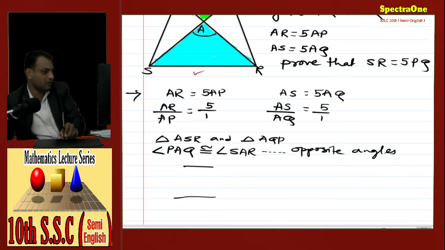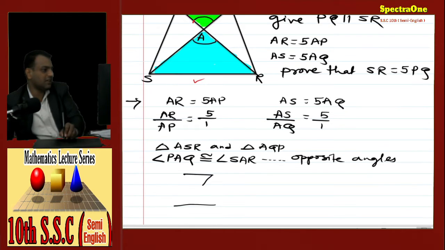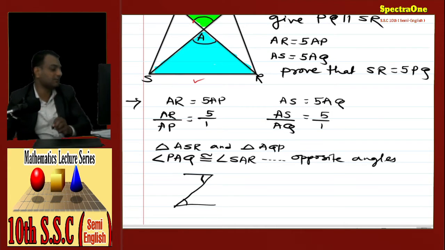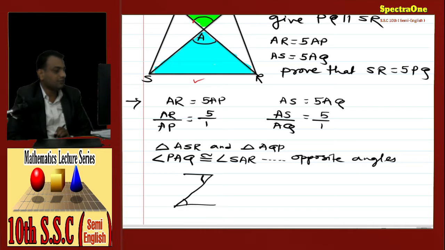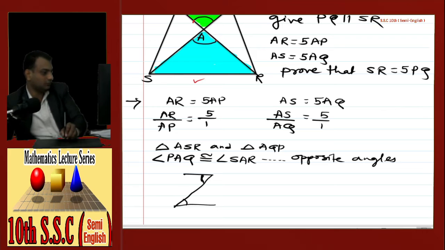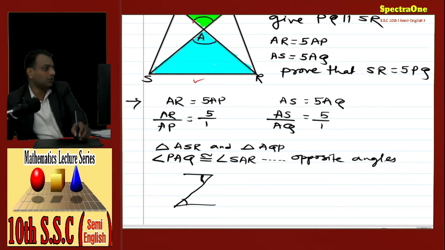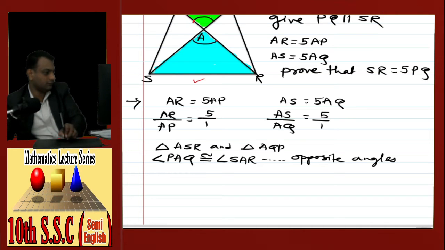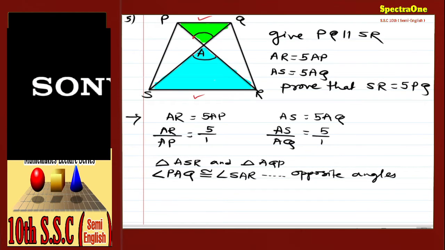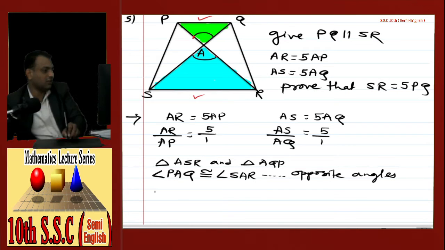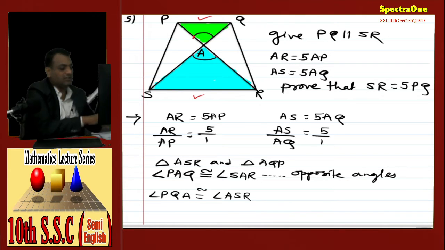These two angles are equal, so angle PQA is equal to angle ASR.